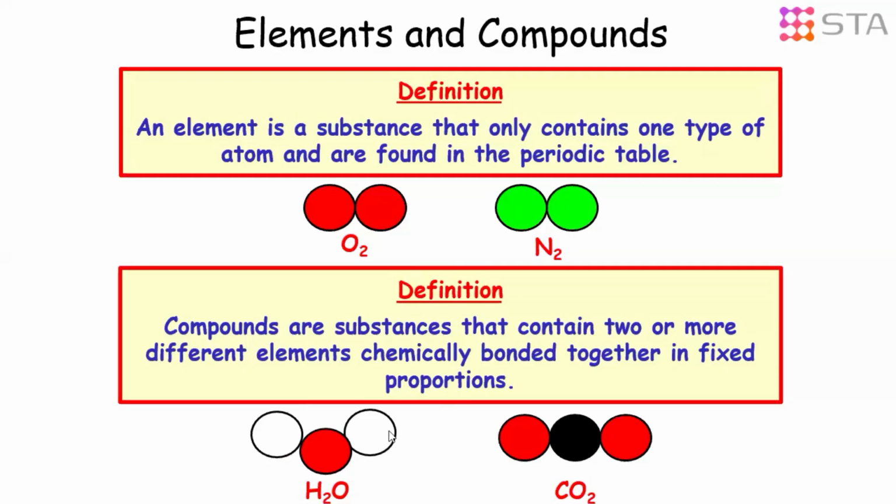What this means is that all compounds will always have the same fixed proportion. So for water, water will always have two hydrogen atoms to every one oxygen atom. That's what we mean by fixed proportions. And carbon dioxide will always have one carbon to every two oxygen atoms bonded together. And again, that's what we mean by fixed proportions.